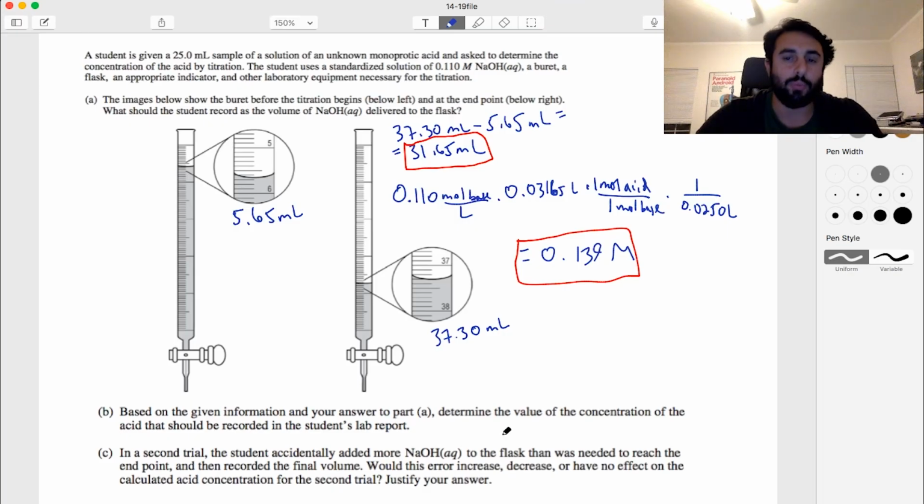So, remember, in order to achieve the neutralization precisely, we're adding exactly the same number of moles of base as there are moles of acid. So if we accidentally add too much base, that is going to give us an erroneous calculation for the moles of acid. If we put more base than we need to do the neutralization, it will make us think that we have more moles of acid than we do, right?